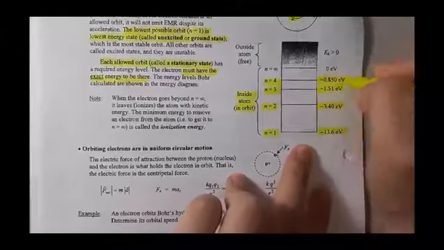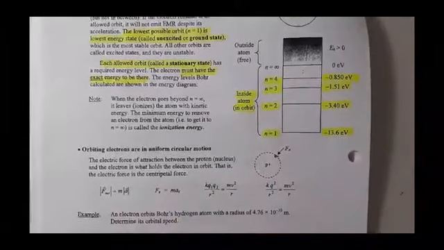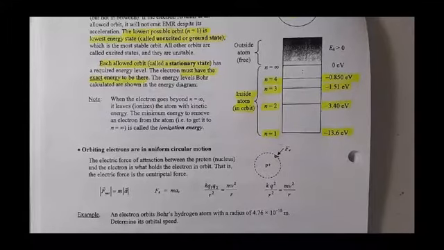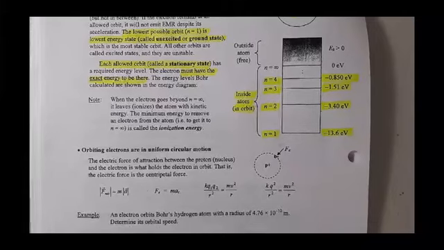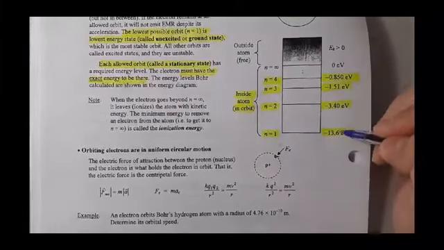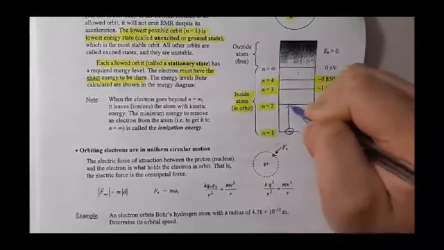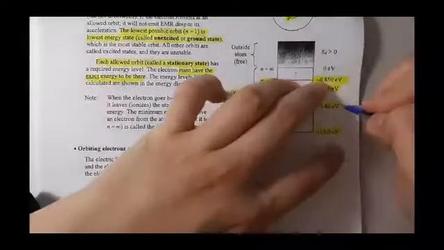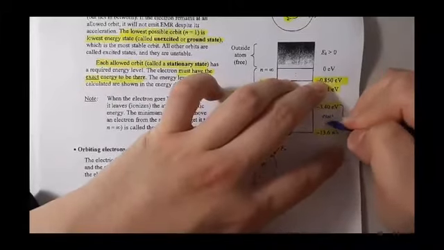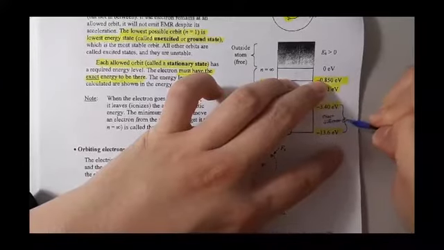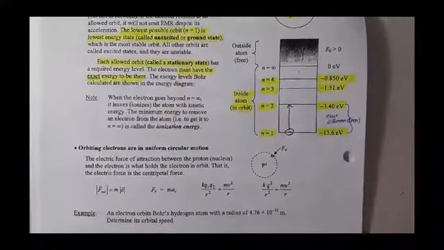You don't need to memorize these values: negative 13.6, negative 3.4, negative 1.5, negative 0.85, something like that. You need to understand that each level has a certain electron energy, and in order to make this electron go to the other level, you have to supply the exact energy difference to get to this level.